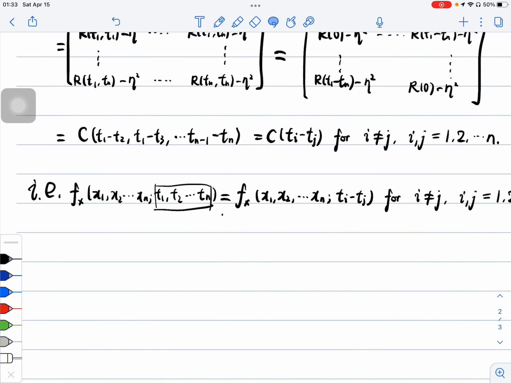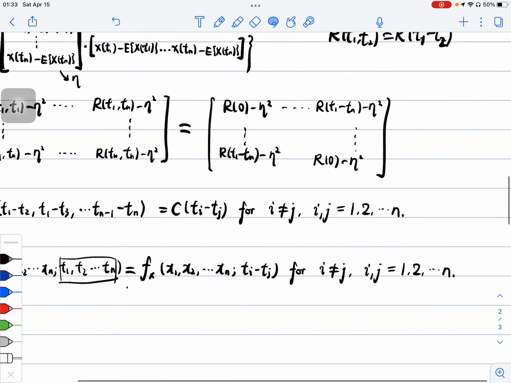Now we consider how to prove the strict sense stationary.